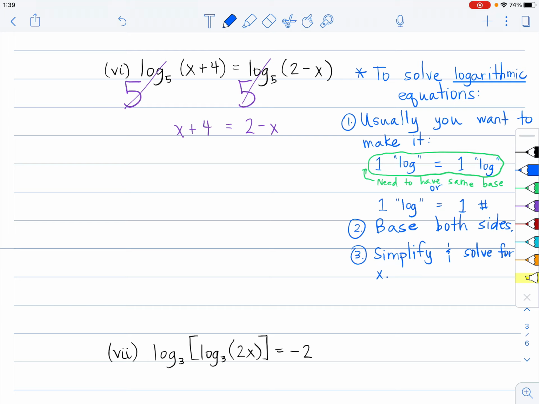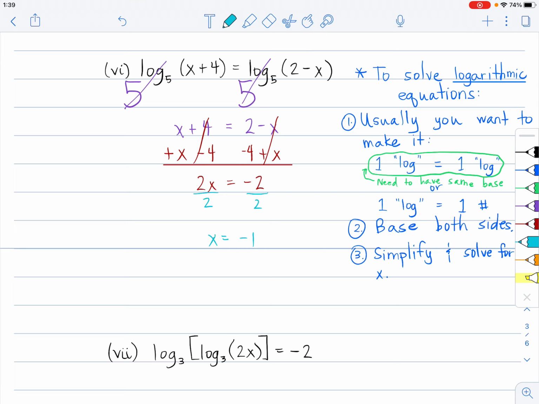Now to solve this guy for x, he is a linear equation. To solve that, we do x's on one side, numbers on the other, and that will give us 2x equals negative 2, divide by 2 to get that x equals negative 1.